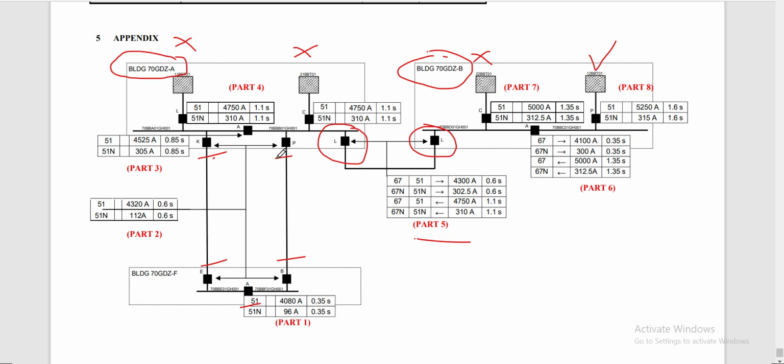Okay, so here is our subject for discussion. By the way, the title of our subject for discussion for this session is protection relay setting calculation for this cross-tie feeder.